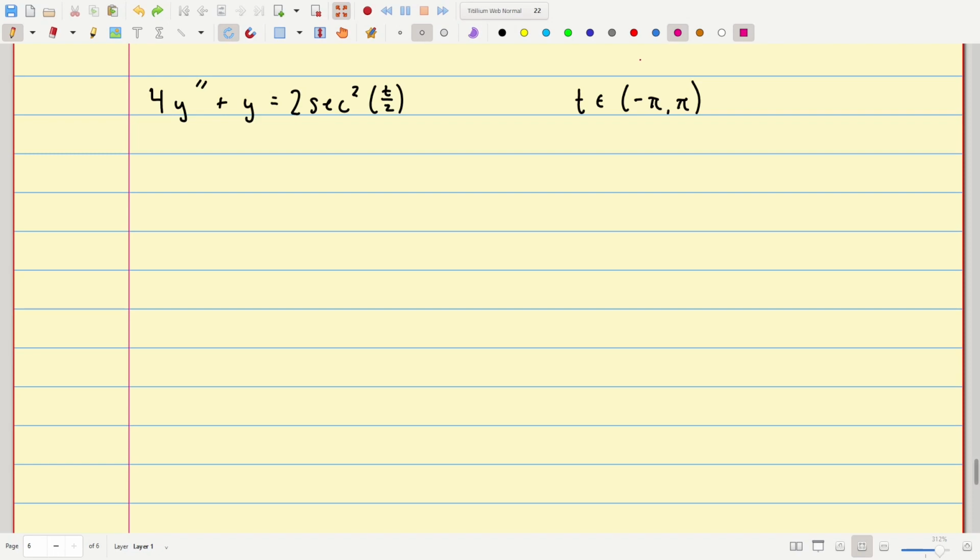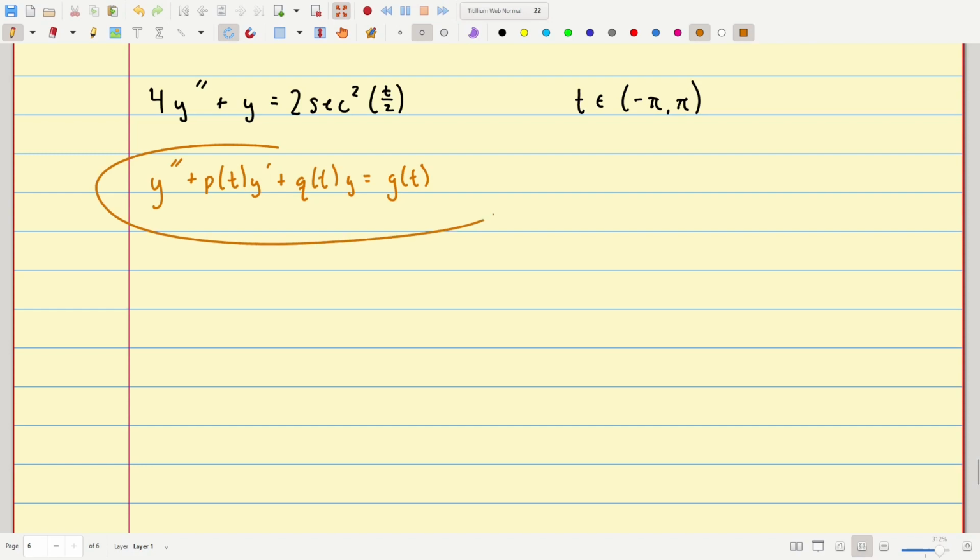So, before we get started, one of the things that I want to note about the method that we're going to be using for these problems is that if you look at the notes, everything in the theory that we have for solving non-homogeneous equations with variation of parameters starts off with this expression here where the coefficient on y double prime is 1.